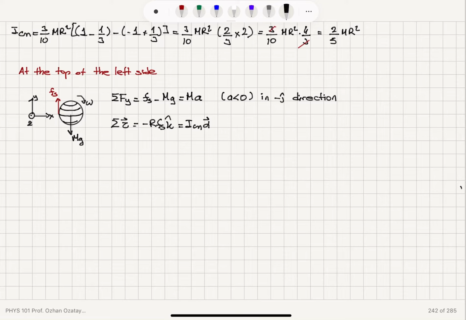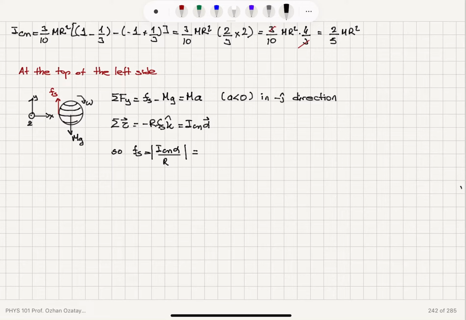So we can see that the static friction will be equal to I center of mass times magnitude of alpha divided by r. We can put the absolute value here to make sure we're doing this right.